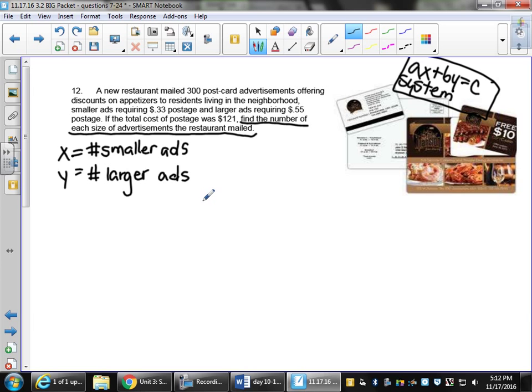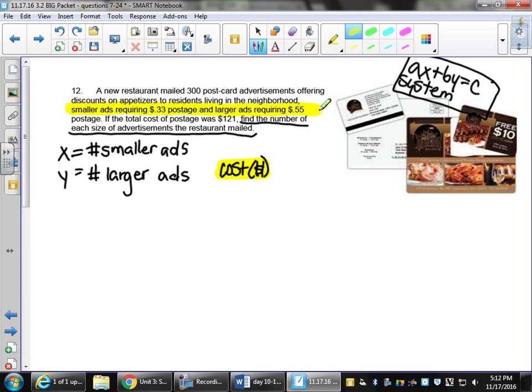What are we going to group together? I see money. Money stands right out. 33 cents, 55 cents. So I know that I will have one equation about cost. Let's go find that information. Smaller ads require 33 cents.